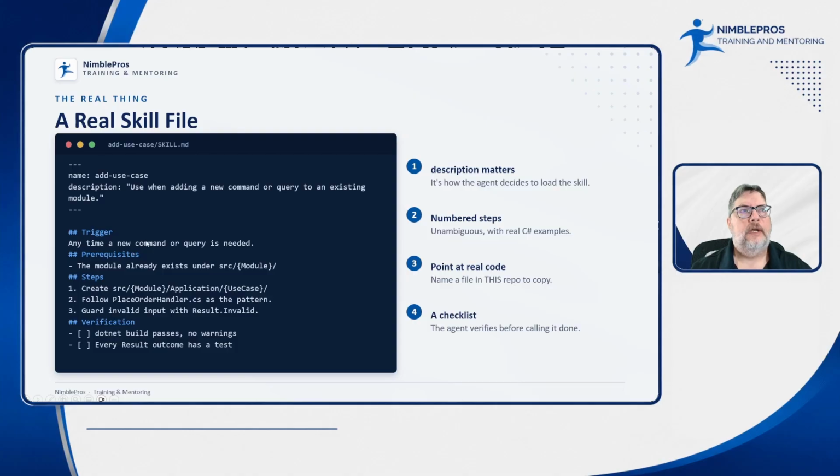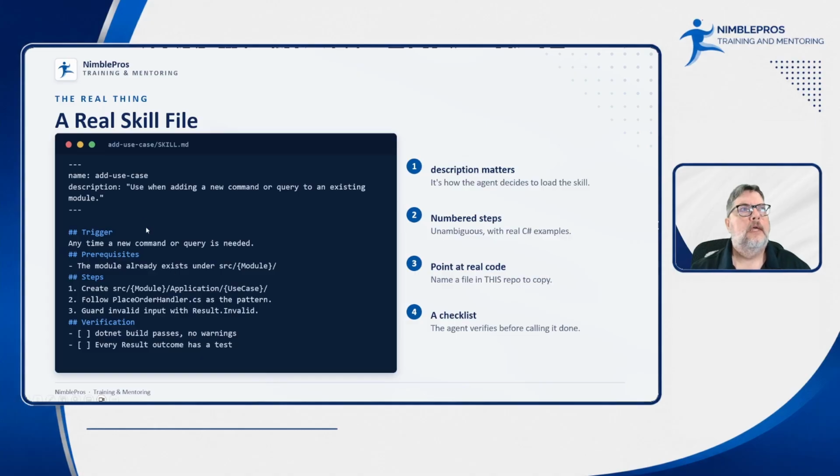But trigger: anytime a new command or query is needed. Prerequisites: the module should already exist. In this particular case, here are the steps: step 1, step 2, step 3, in order to implement this particular skill. Verification checklist. And I left off the example output, but this is at the very basic level.